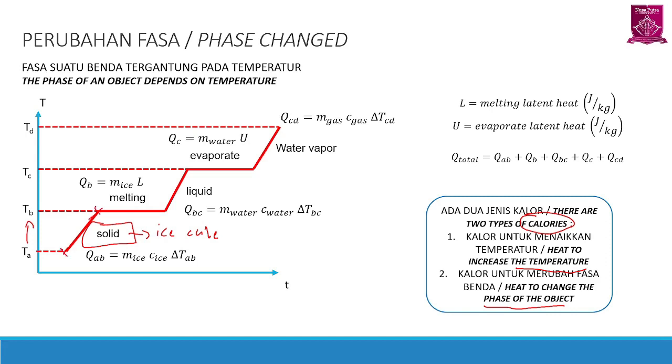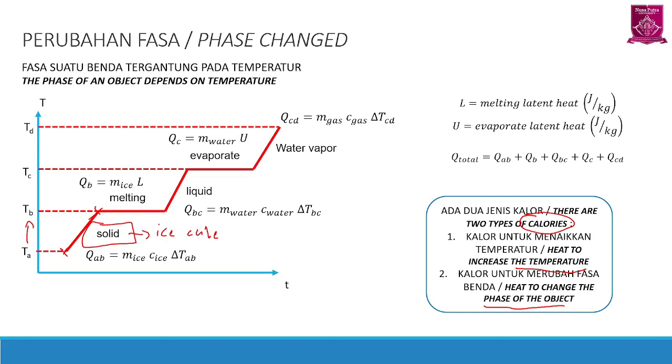Now after this, I continue to heat this ice cube, so the ice cube will melt at this temperature, but the temperature is constant and the phase will change from solid to liquid.